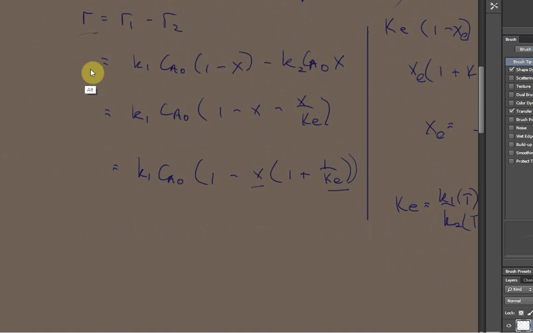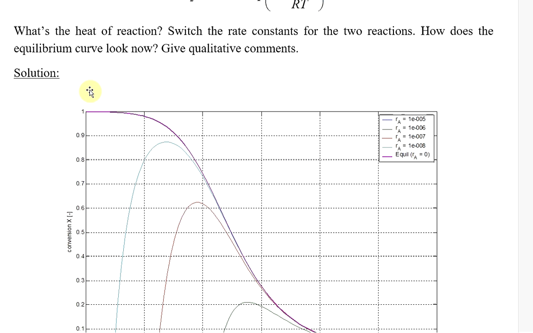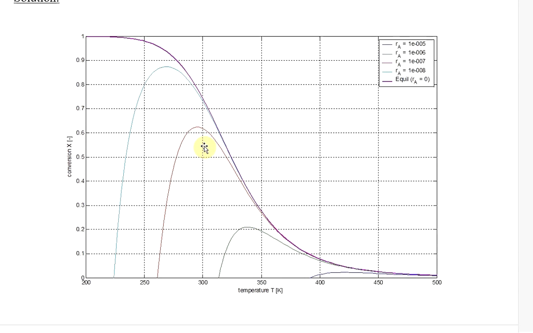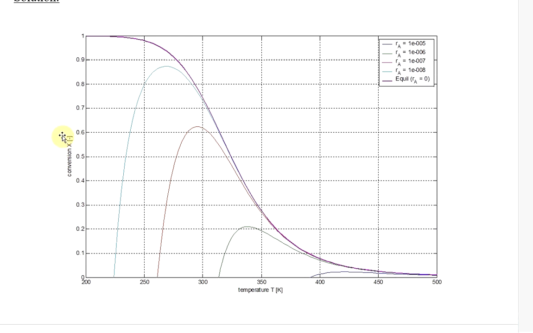And we're going to plot them in a special way. We're going to plot them as isorate lines. So let's take the plane of conversion plotted on the y-axis and temperature plotted on the x-axis, and let's pick specific values for reaction rate.